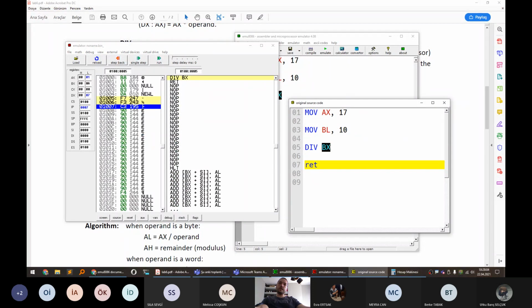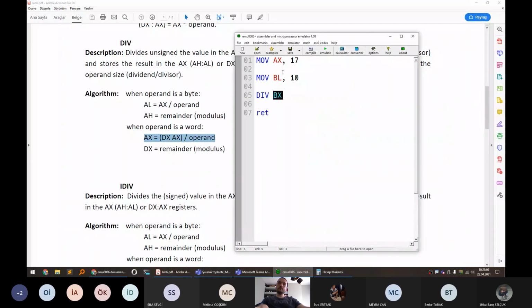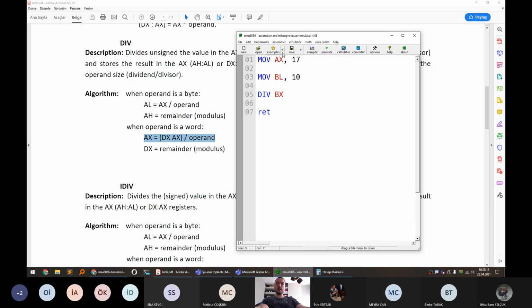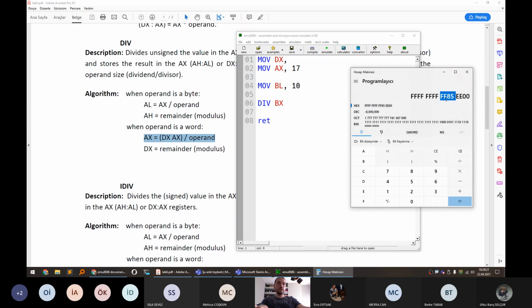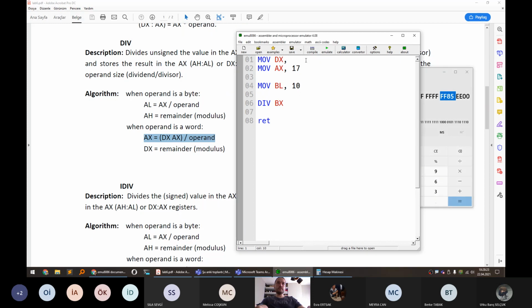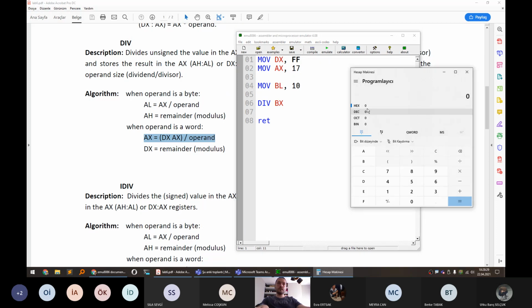According to your operand size, it's going to take the DX-AX combination. For example, in previous examples, what was the 8 million? FF85. Oh, this is the -8 million value.